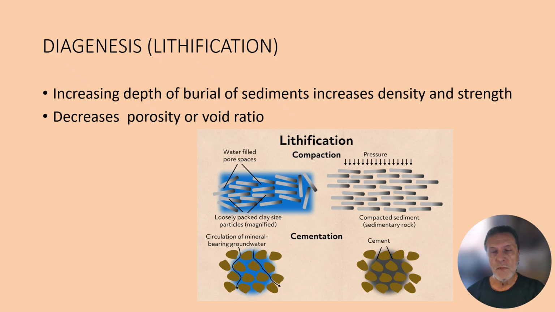The greater the burial depth is, the more likely that soil or rock mass can increase in density and strength through the processes of compaction, consolidation, getting rid of water, and cementation, iron cements, calcium cement, and so forth on its way to becoming rock. So increased density and strength, increased depth of burial can decrease porosity or void ratio.